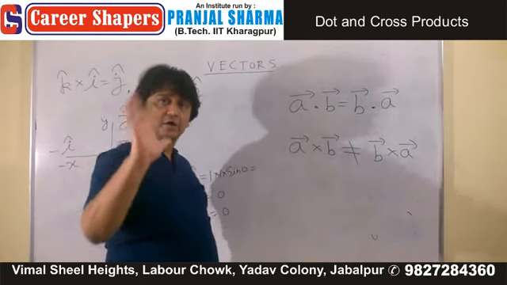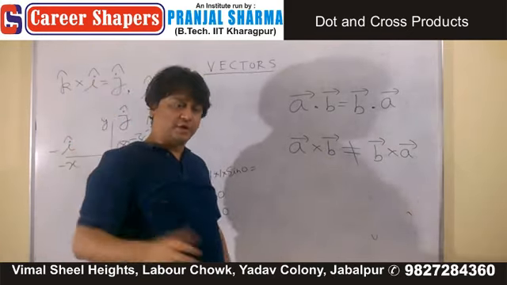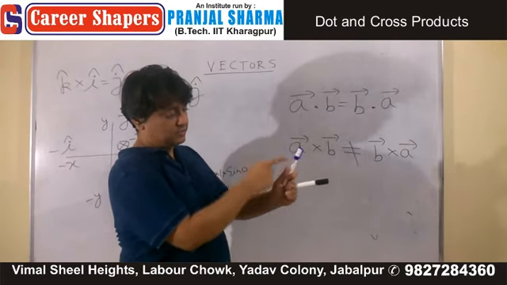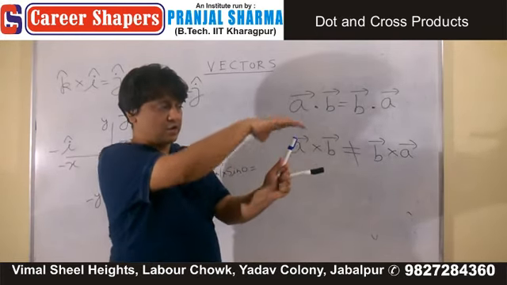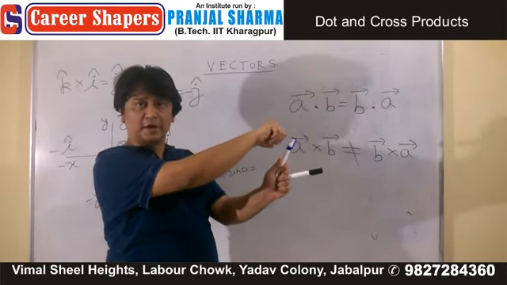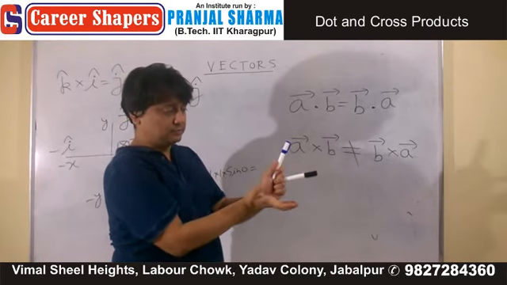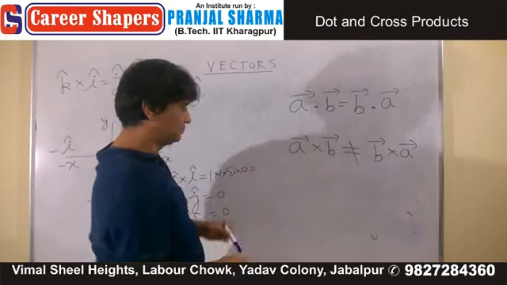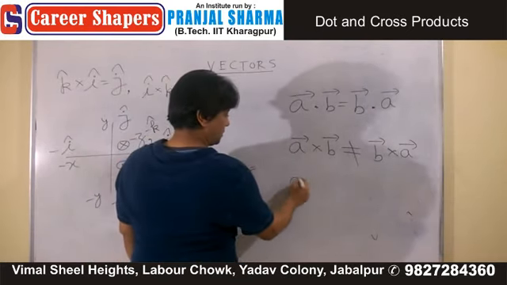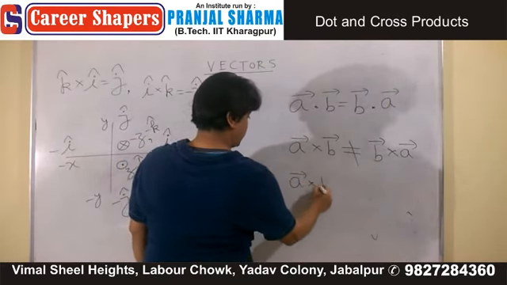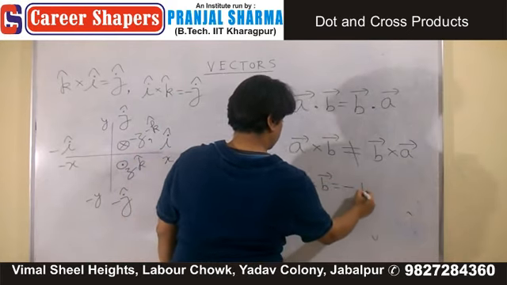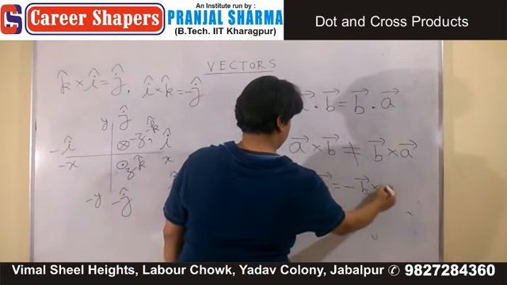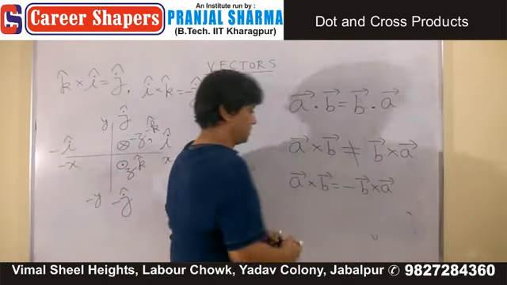If you say A cross B, if you say this is A, this is B, A cross B, thumb is going in. If you say B cross A, thumb is coming out. They are not the same. A cross B is minus of B cross A.